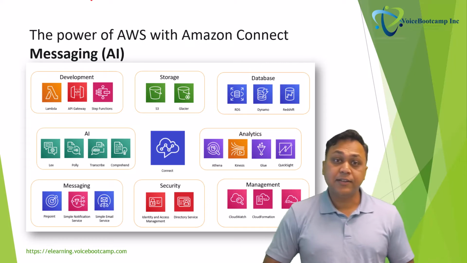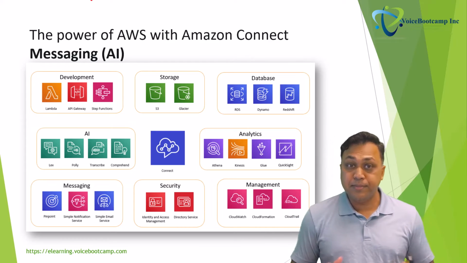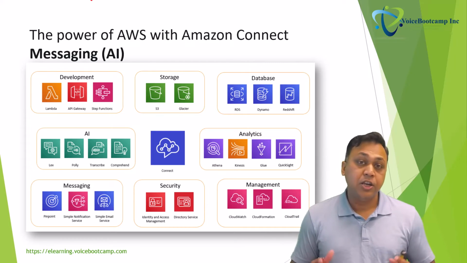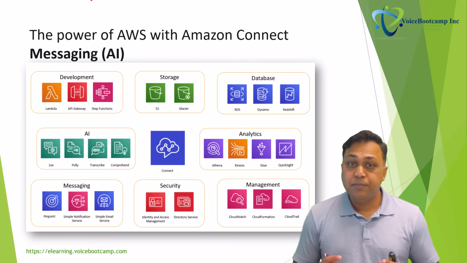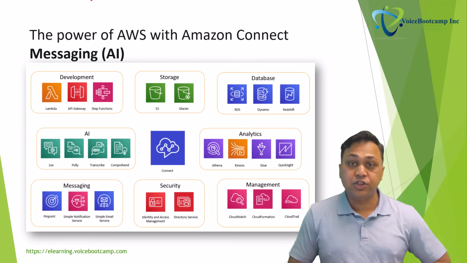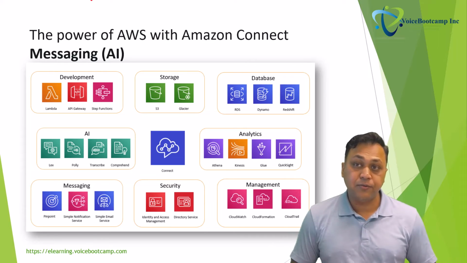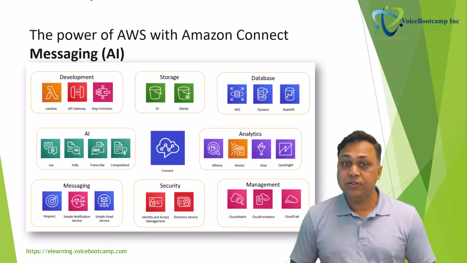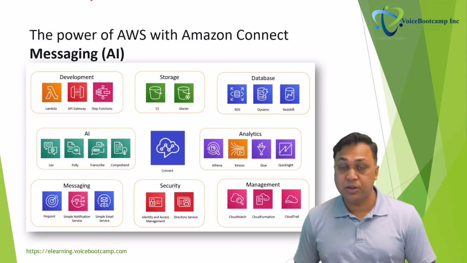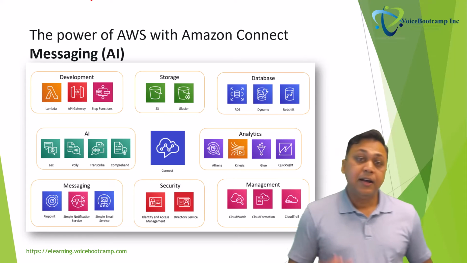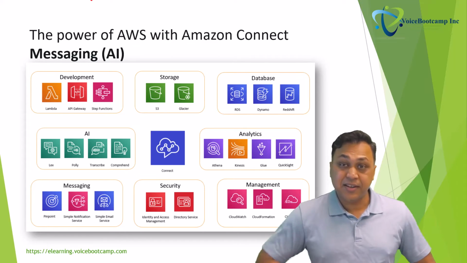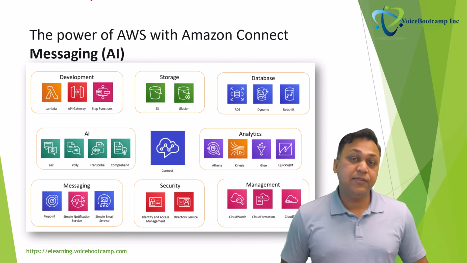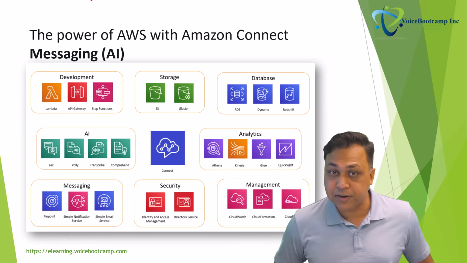Amazon Connect, like I said, can also be used for messaging. You could use Pinpoint, which is outbound messaging that triggers for an event. For example, bulk messaging, such as an outbound marketing campaign, can use Pinpoint to send a large number of messages. Amazon Connect also uses SNS to send and receive SMS and other channel notifications.